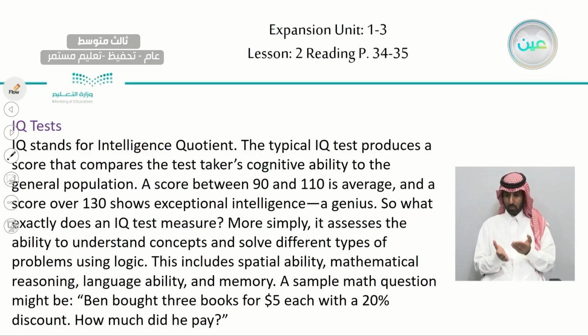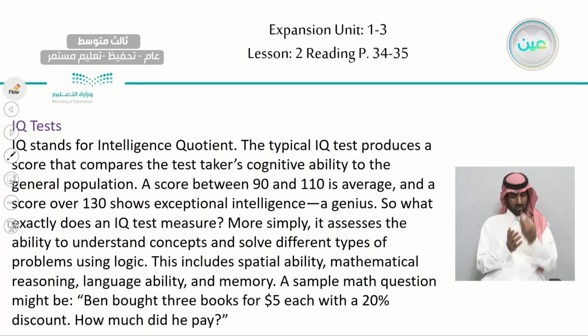More simply, it assesses the ability to understand concepts and solve different types of problems using logic. This includes spatial ability, mathematical reasoning, language ability, and memory. A sample math question might be, Ben bought 3 books for $5 each with a 20% discount. How much did he pay?